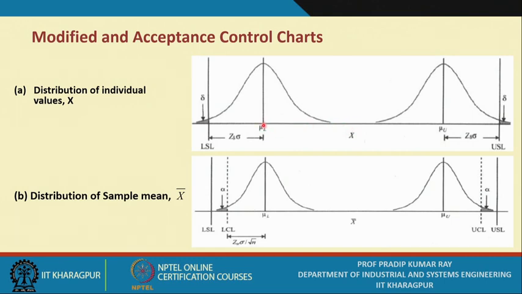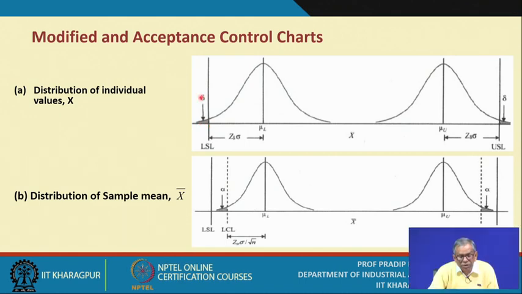So the lowest value you determine, that is mu L, in such a way that the proportion non-conforming, that means the area under the curve beyond LSL, is restricted to delta. So delta you specify, and you need to determine under these conditions what could be my expressions for the upper control limit and the lower control limit.